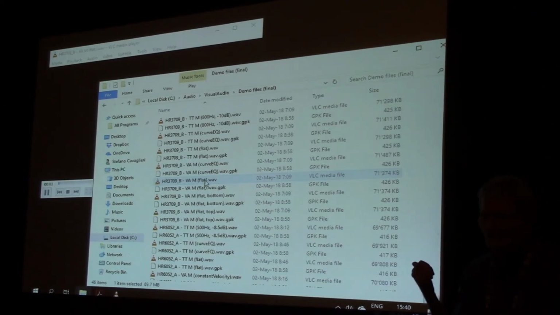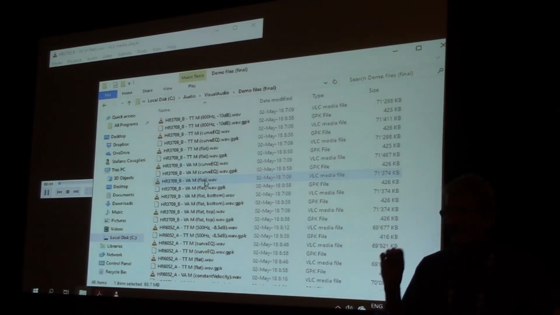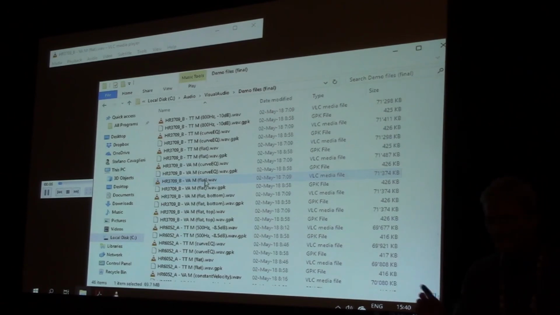This one is with an optical retrieval system, just flat, without the emphasis. Well, the background noise comes from the system. I'm sorry about that, but this is one of the limits of the optical retrieval.